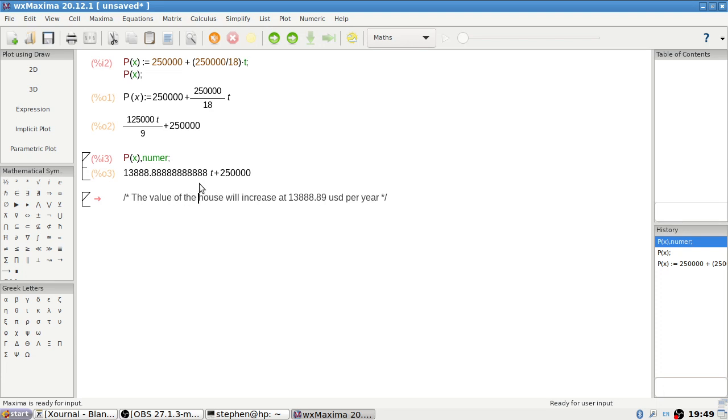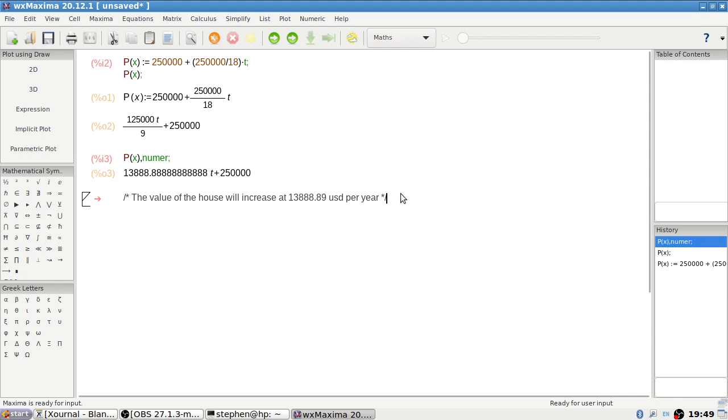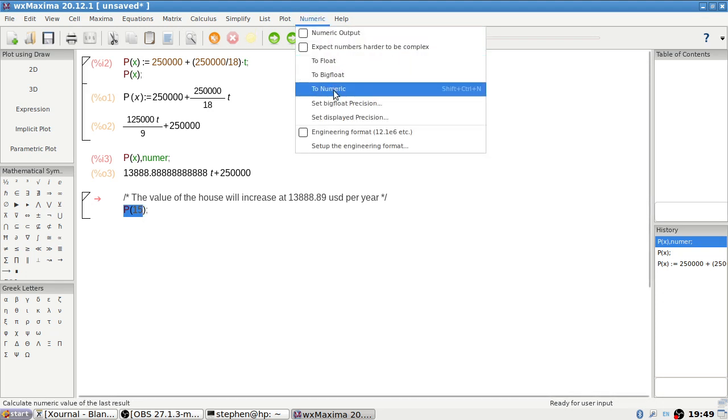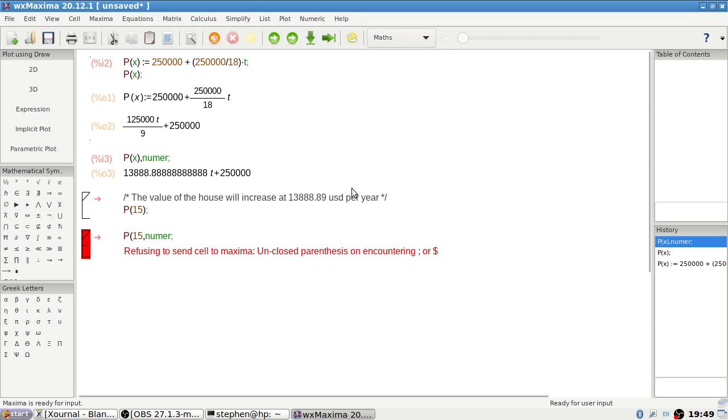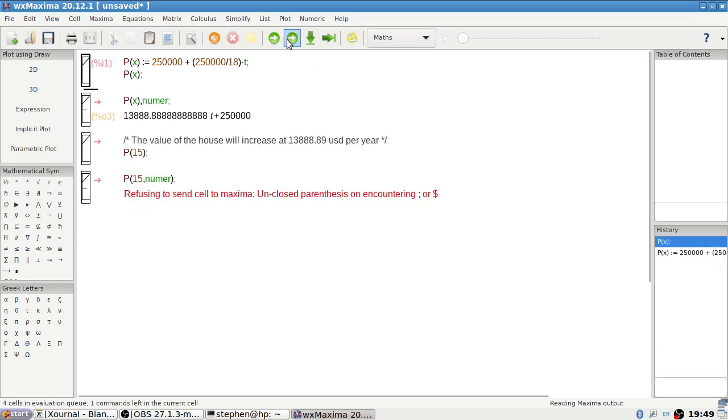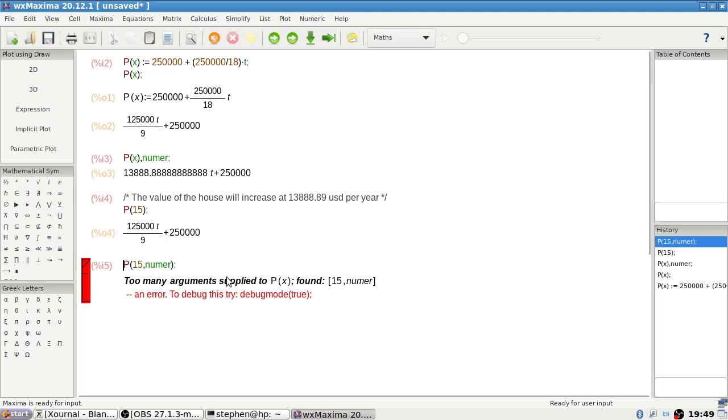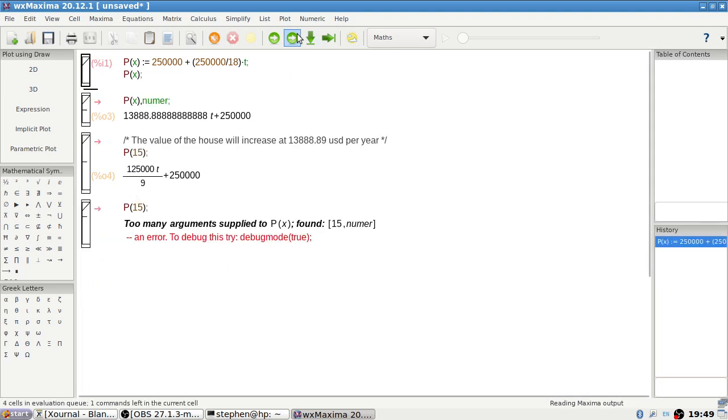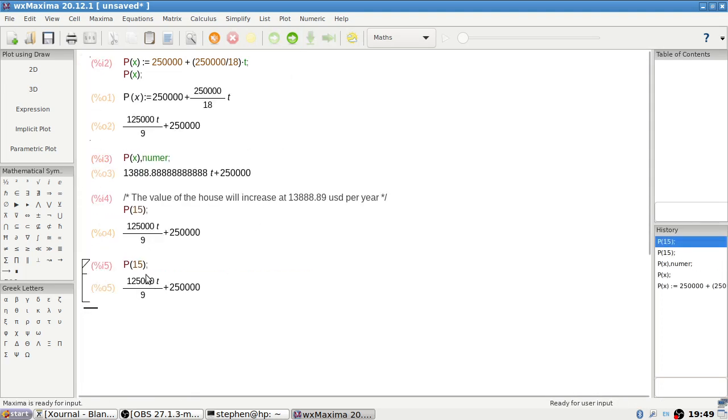Okay, find the price of the house 15 years from when it was originally purchased. So that's not quite double because it's not 18 years. Let's put this numeric. Oops. Mixing up my letters.